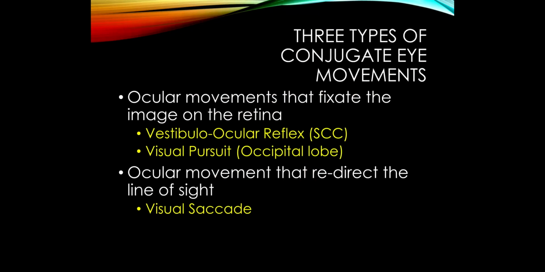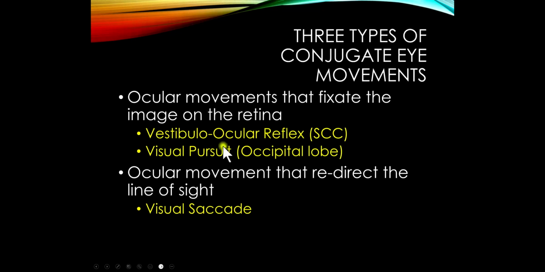Now let's finish off today just talking a little bit about three types of conjugate eye movements. Conjugate means the eyes are tracking together. They're aligned together in their action. So there are two that fixate the image on the retina. One is called the vestibuloocular reflex, and the other is called visual pursuit.